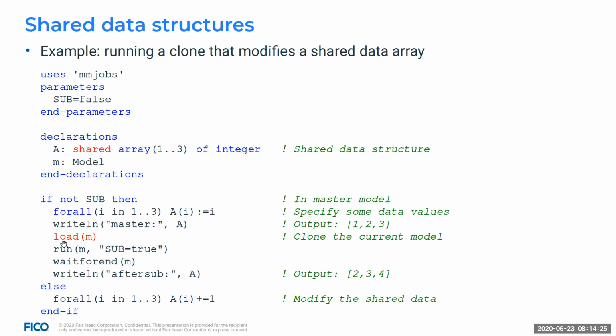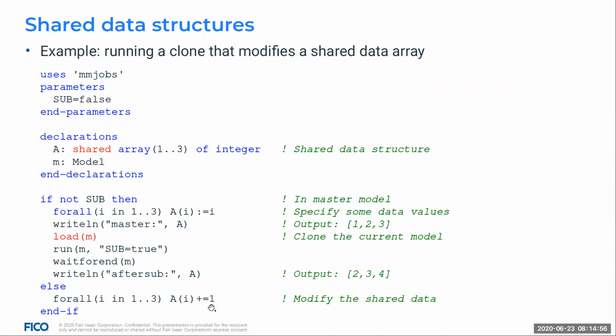I clone this present model. And I'm saying, now I'm running this clone, my model M, and this is going to be a submodel, and I'm just waiting for it to finish. In this case, I'm entering this portion here in the submodel, and I'm just adding 1 to every existing value of this array.